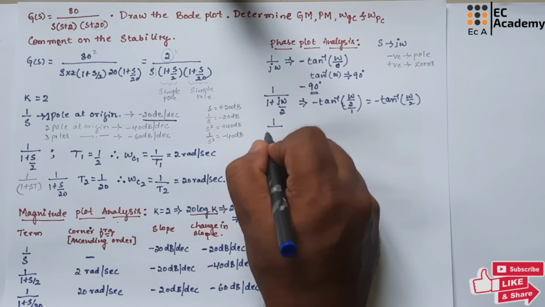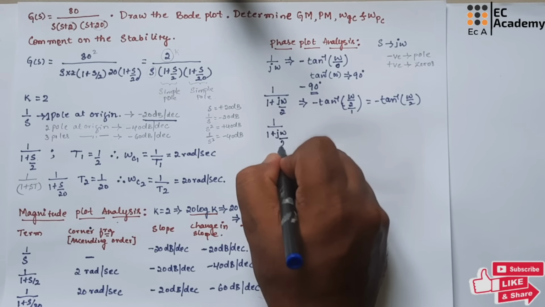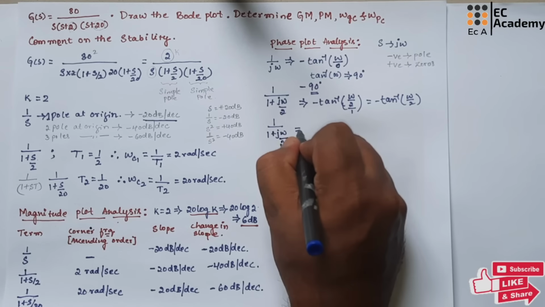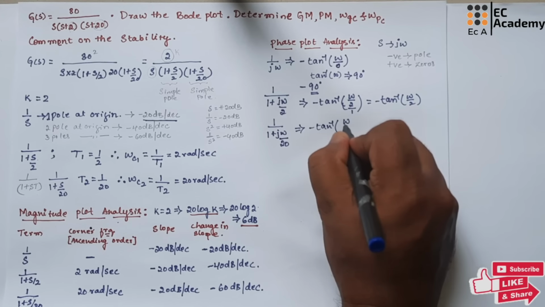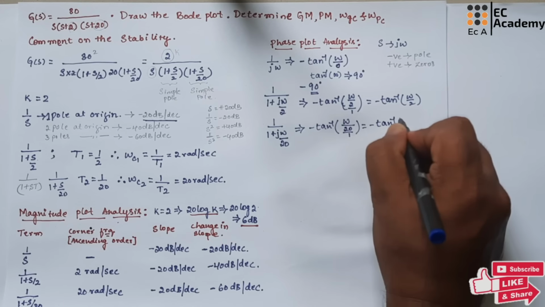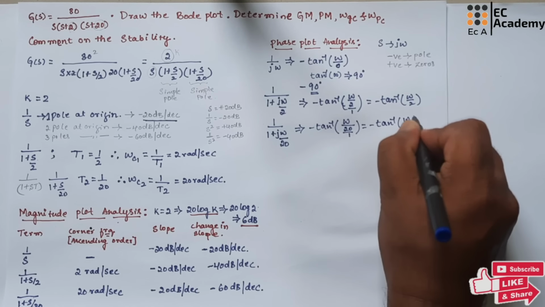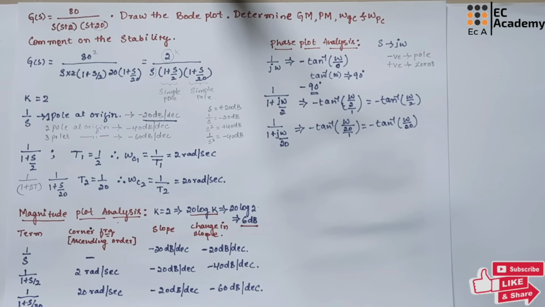So for the third term, 1 divided by 1 plus j omega by 20, we can write this as minus tan inverse of omega divided by 20 divided by 1, which is equal to minus tan inverse of omega divided by 20. So we need to keep all these terms to find the actual resultant phase shift.